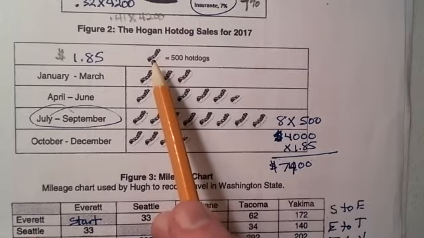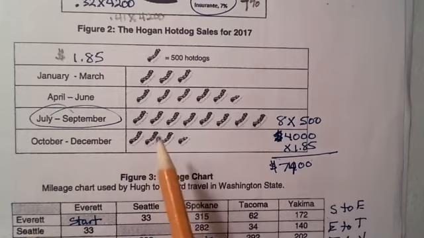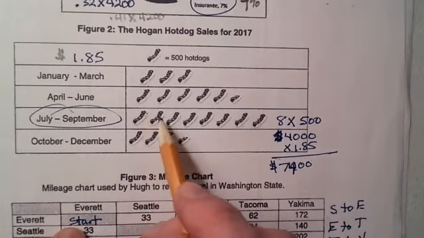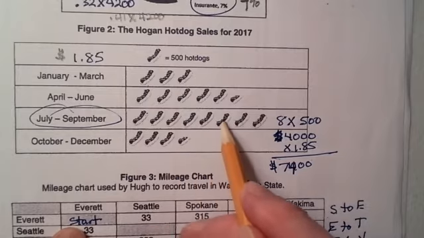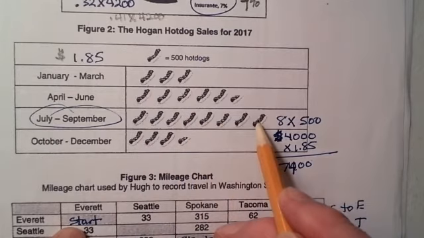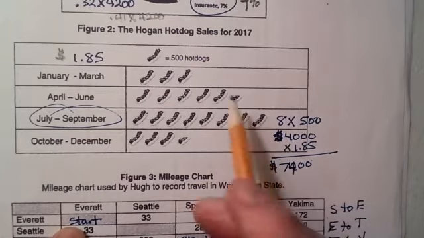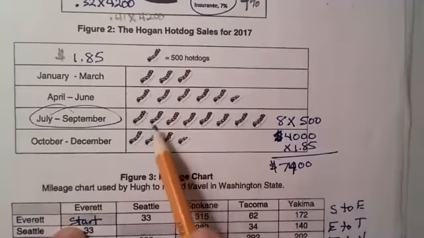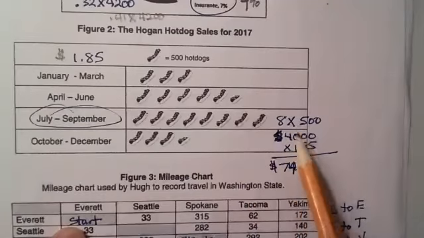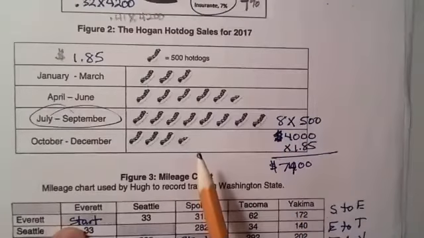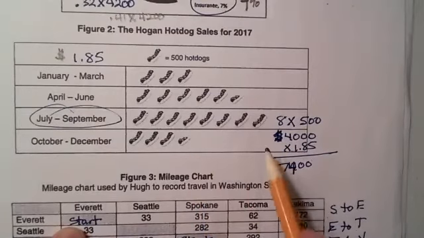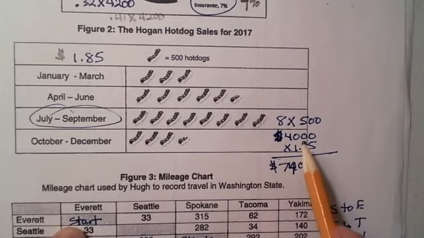So I've got 1, 2, 3, 4, 5, 6, 7, 8 times 500. See what I did there? Each one is worth 500. I got 8 of them. 8 times 500 is 4,000. So there's 4,000 hot dogs sold in that time period.